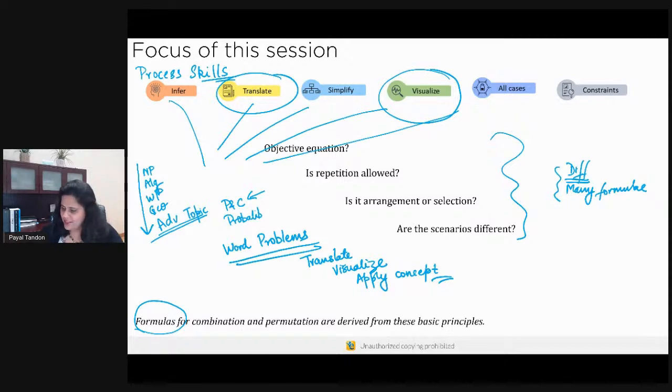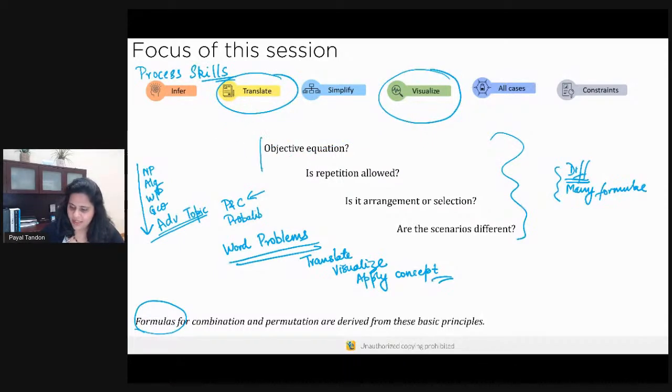All right, sounds good. There's another thing which I want to mention over here. As you read the question statement, our main goal from reading it is to formulate the objective equation. That's the equation that becomes our formula, really. The way to formulate that objective equation is to figure out: is there repetition involved?